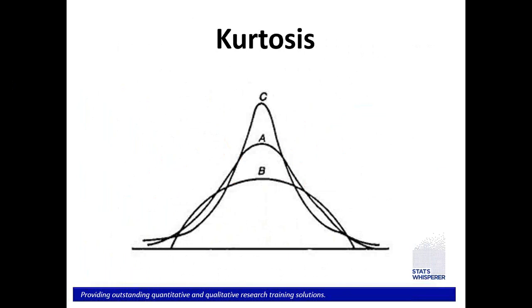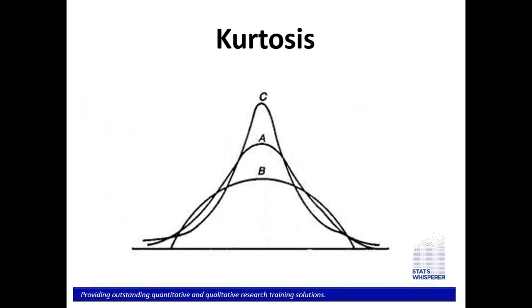So the tails don't have enough extremely high and low scores, right? So that's poor kurtosis. Distribution A has good kurtosis, right? It makes that semicircle shape, right? So it has a peak, but at the same time, there are scores in the tails. And in distribution B, there are too many cases in those tails, right?